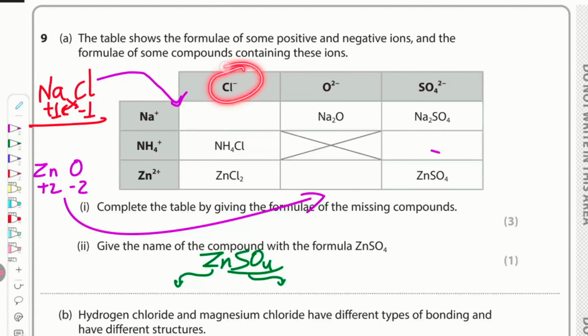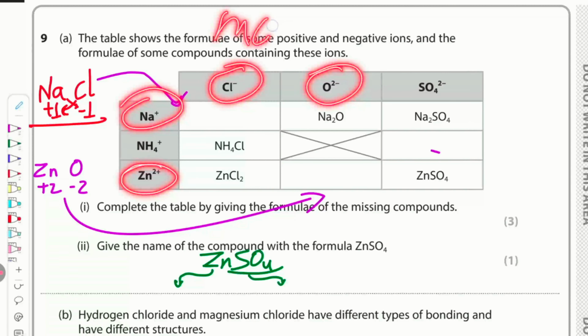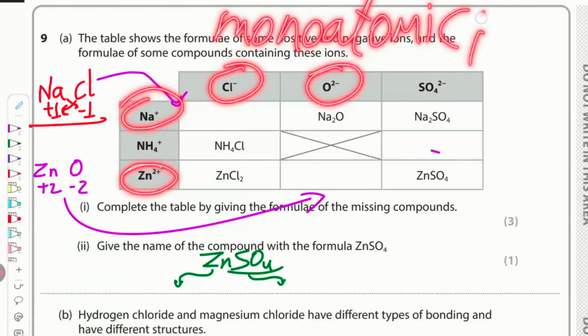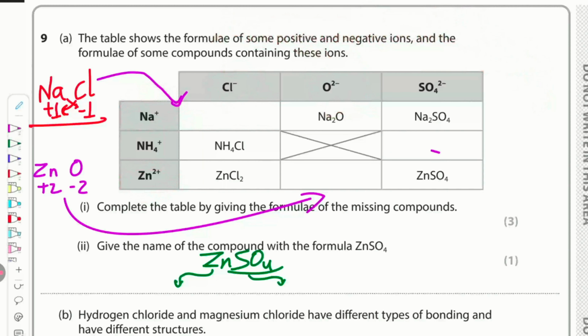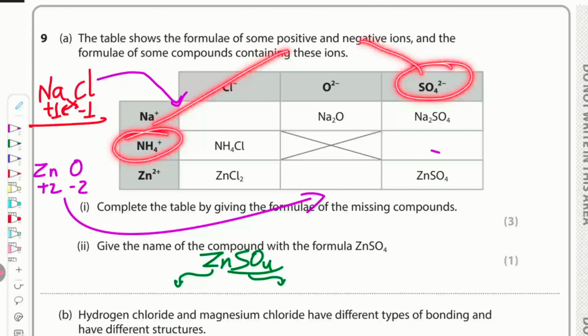When the ion is made up of one atom only, like those, it is called a monoatomic ion. Monoatomic ion means an ion that is made up of one atom only, while when the ion is made up of two or more atoms, of course different atoms, we call them polyatomic ions.